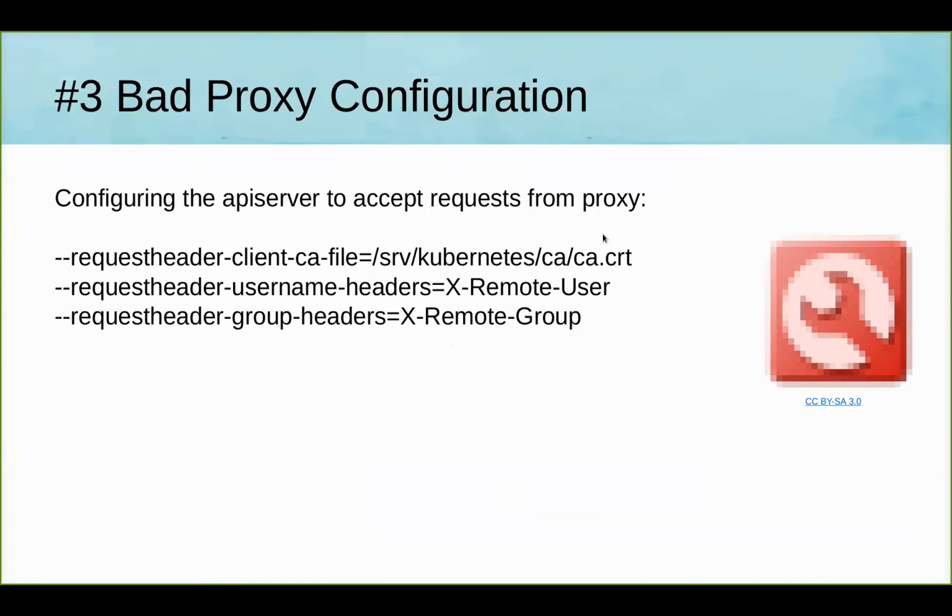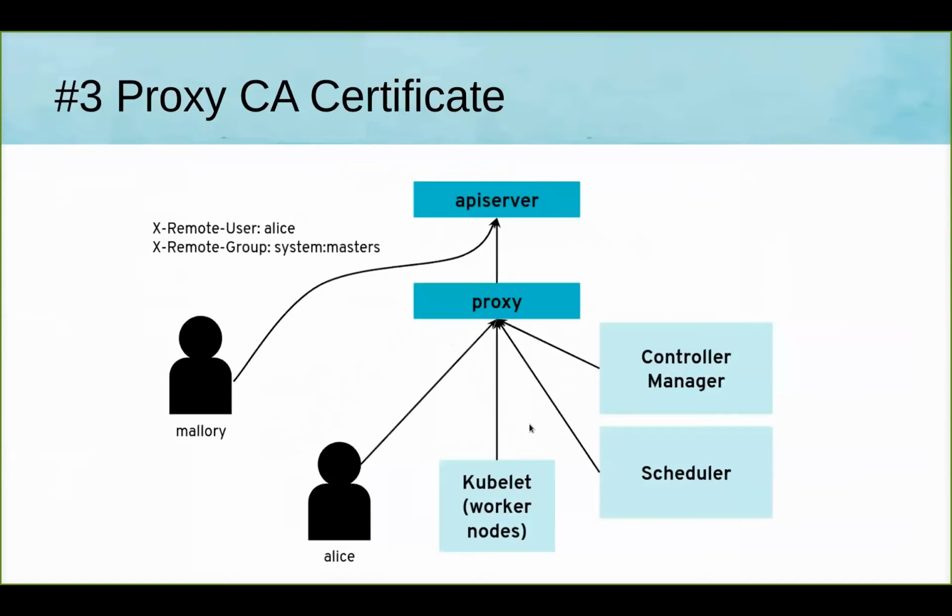There is a maybe common misconfiguration when configuring the proxy. The API server could be configured to accept requests from a proxy when the request is encrypted with a specific certificate authority. And if the same certificate authority is used for the proxy and for users, we have this situation that could happen.